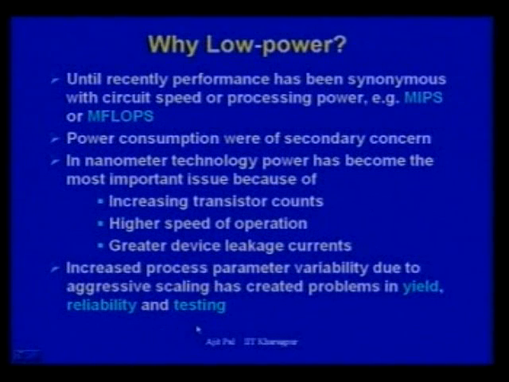For example, there are various process parameters like the leakage current, the threshold voltage, the length of the device, and the width of the device. These values vary, and because of these variations, yield is reduced, reliability decreases, and testing becomes difficult. So these are the issues which are becoming very important. That's why low power is becoming very important in the present day context.